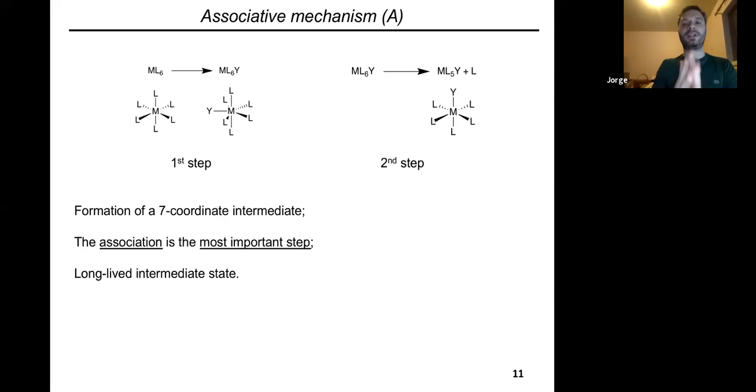Characteristics of this mechanism: first, formation of a 7-coordinate intermediate, as you can see here. The association step is the most important, so the formation of the 7-coordinate species is the most important. And third, there is also a long-lived intermediate state.